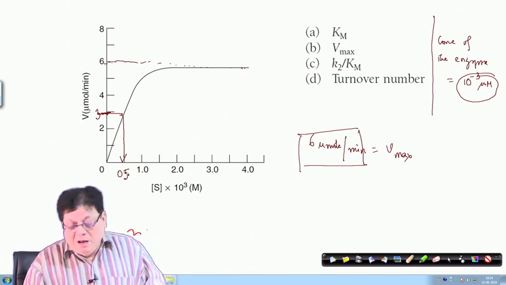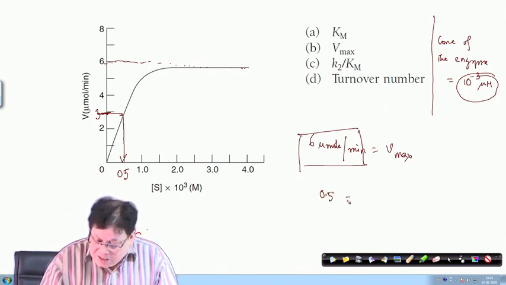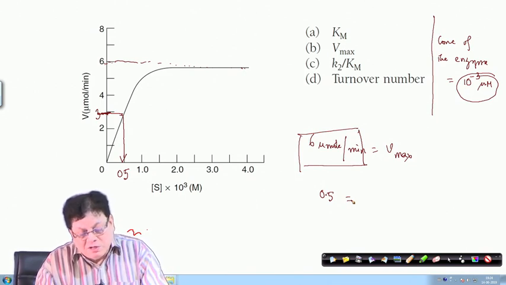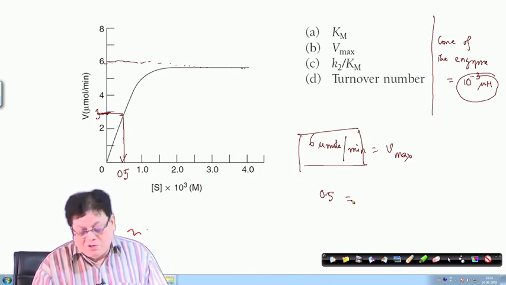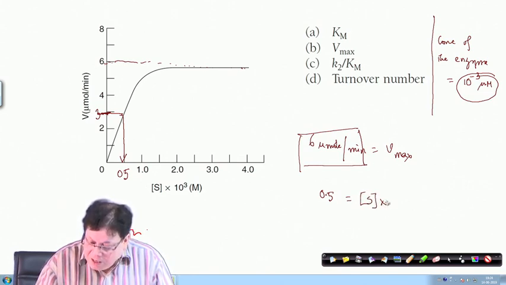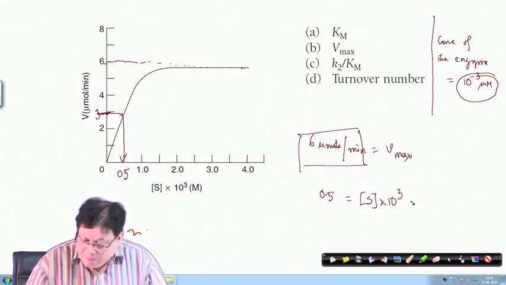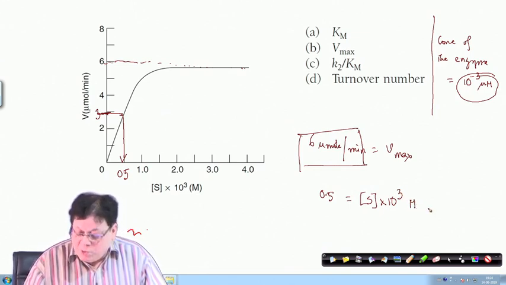0.5. Now, remember one thing, this axis is represented by substrate concentration into 10 to the power 3. So, this 0.5 is equal to the actual substrate concentration into 10 to the power 3 molarity.